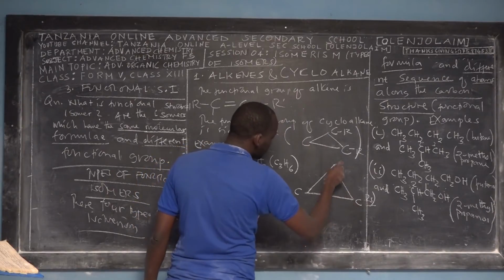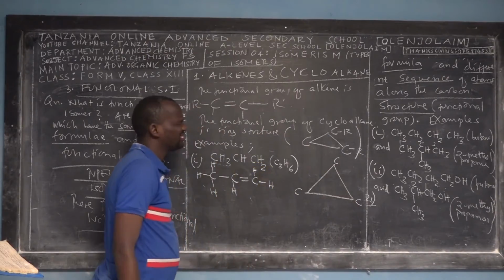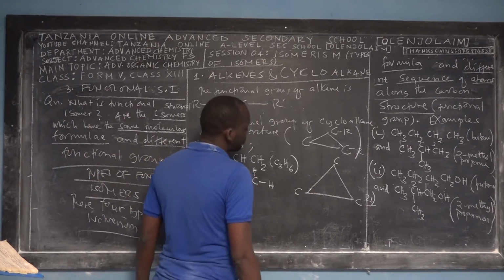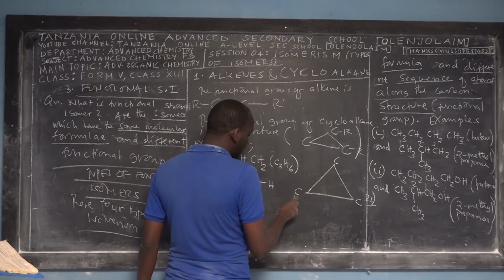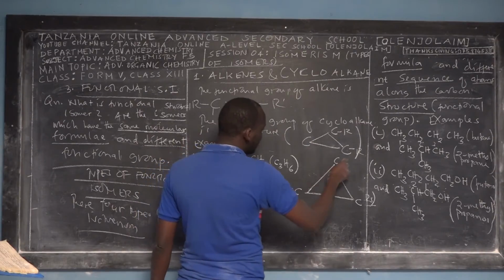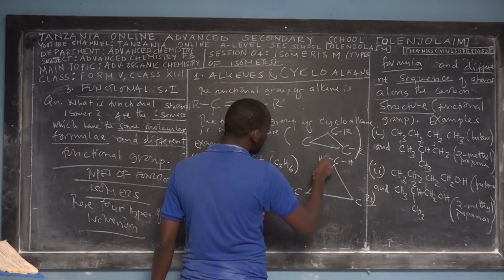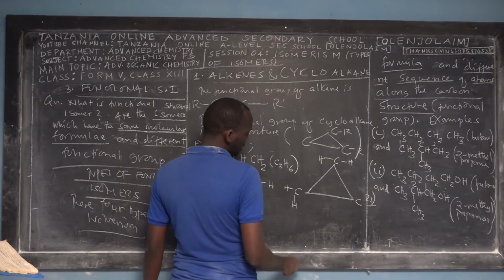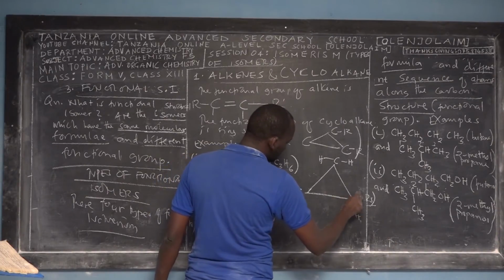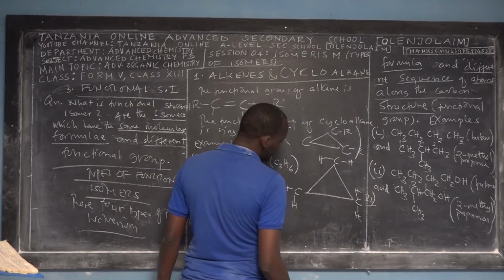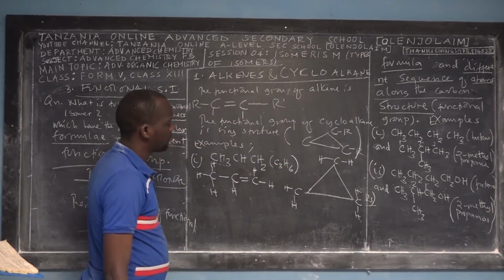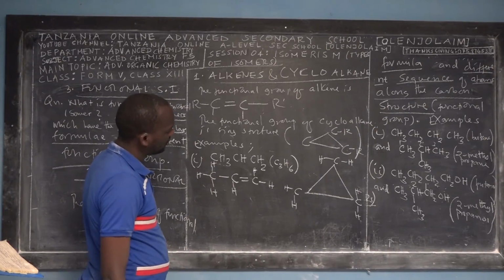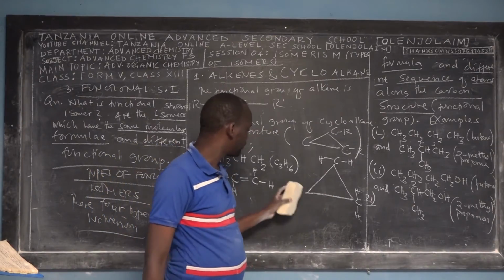Carbon, carbon, carbon with single bonds, and here we have hydrogens. Is that right? Yes, because each carbon has 4 bonds: 1, 2, 3, 4.